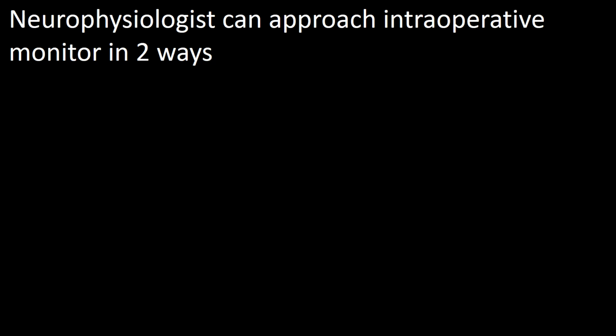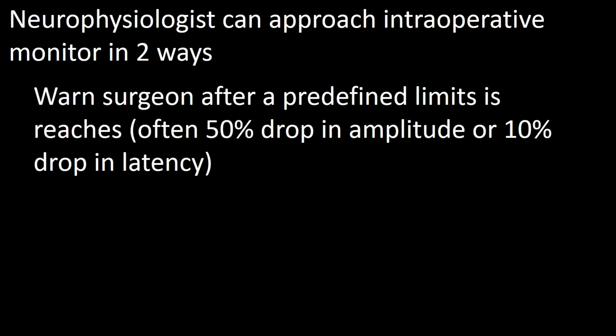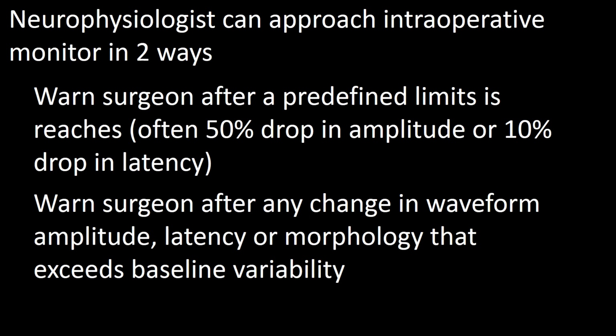In general, as you can gather from our discussion, neurophysiologists can approach warning the surgeon during intraoperative monitoring using one of 2 principles. We can either warn the surgeon after a predicted limit, such as a 50% drop in amplitude or 10% increase in latency, or we can warn the surgeon after any change in waveform, amplitude, latency, or morphology that exceeds the baseline variability.